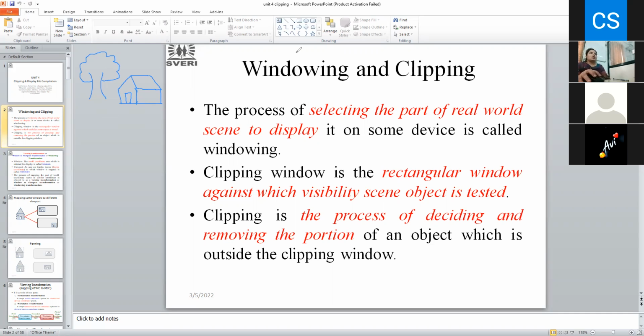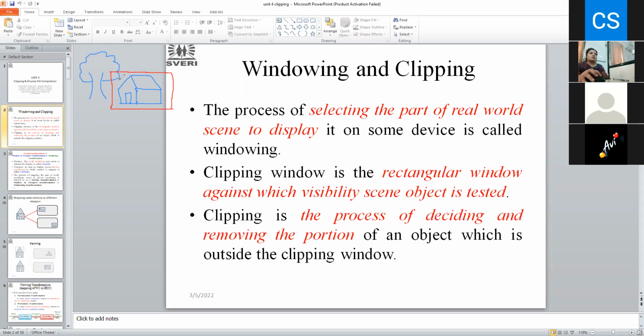So I will take the photograph, and it will be like this. Then I am going to take the photograph of the house. In that, I am having some portion of the tree also.